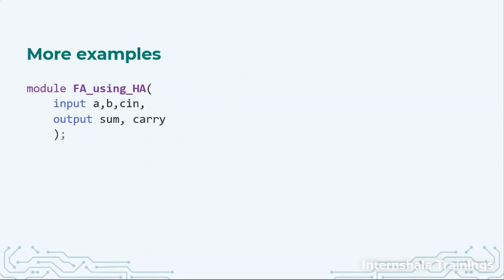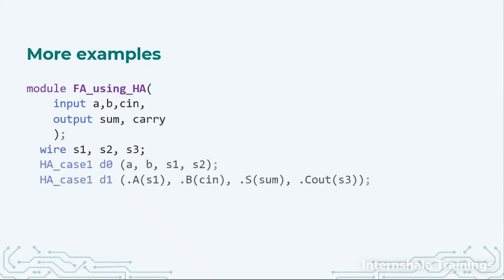Here we have a module which is a full adder having two inputs A and B, and another input C in. So a total of 3 inputs and 2 outputs, sum and carry. I need some additional signals S1, S2, S3, and then I use a technique called module instantiation. I use a half adder which was implemented using a case statement as a component. I call it and then map the ports of the half adder with my given full adder.